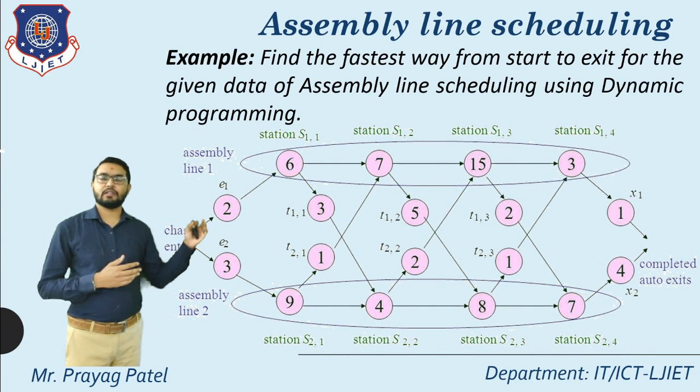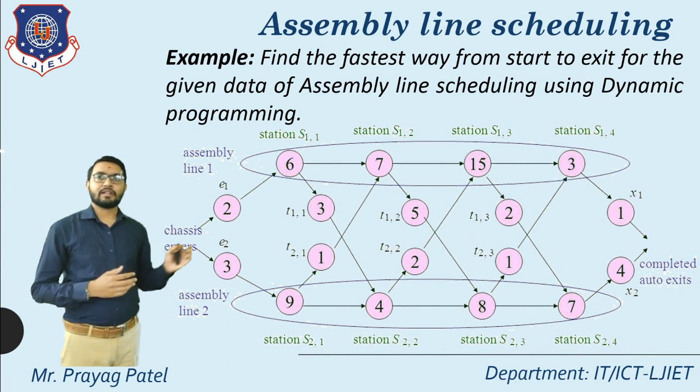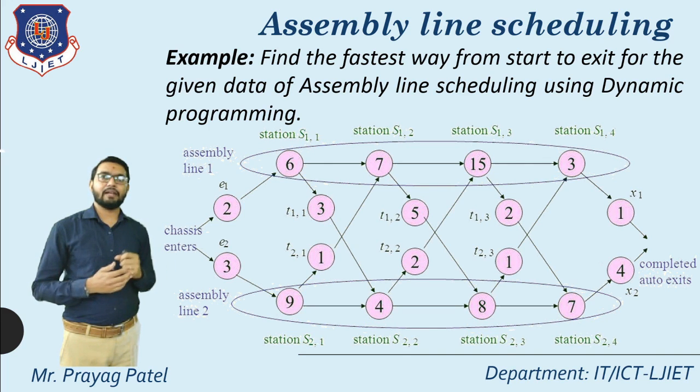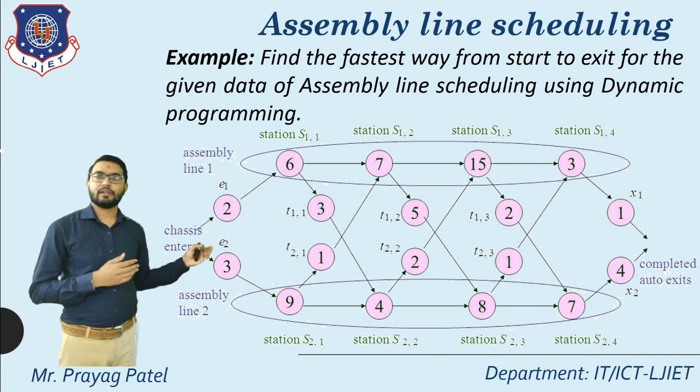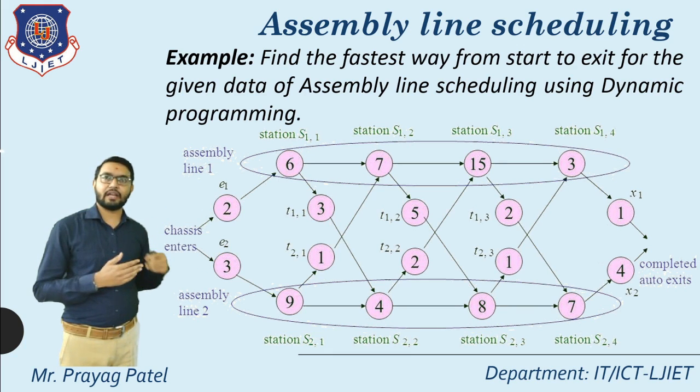Now understand this using one example. Find the fastest way from start to exit for the given assembly line scheduling data using the dynamic programming algorithm. In this example, this is the entry point, and E1 and E2 are the entry costs, 2 and 3.